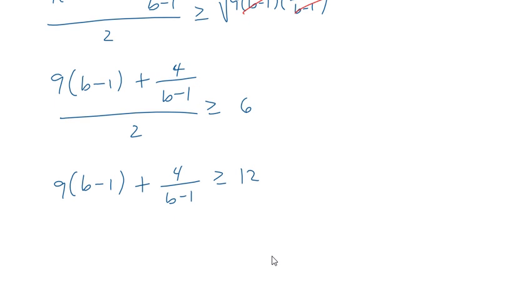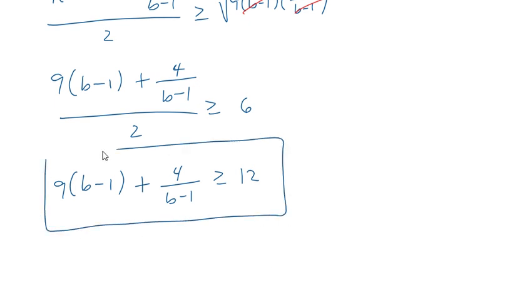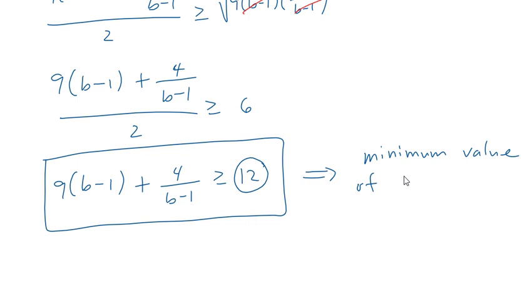Okay, so this suggests that the minimum value of (9b squared minus 18b plus 13) over b minus 1 is 12.